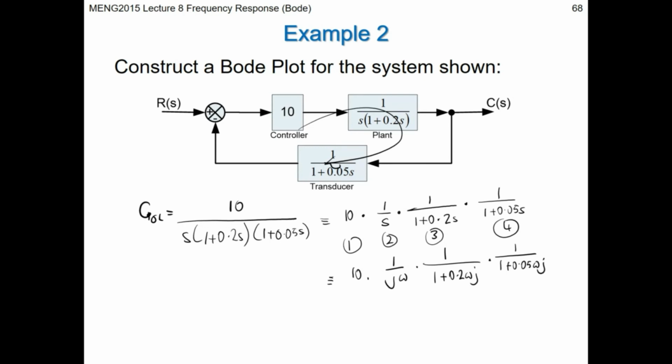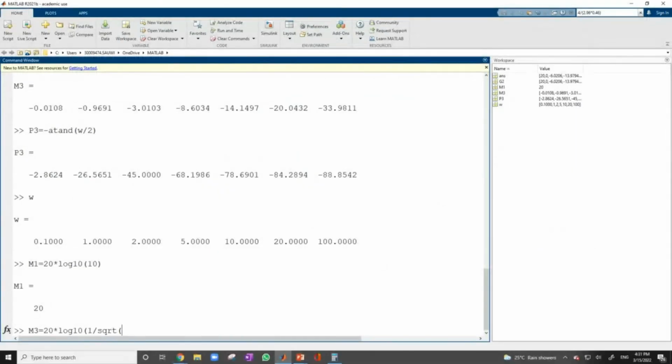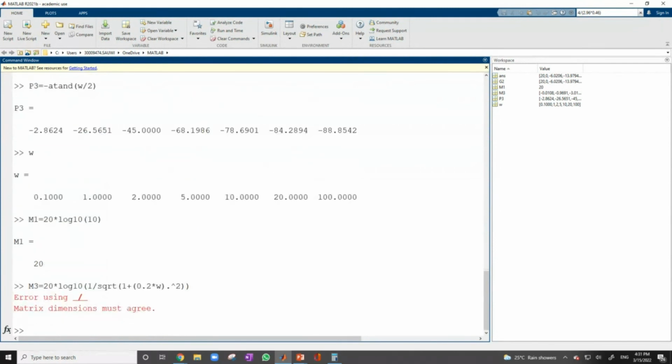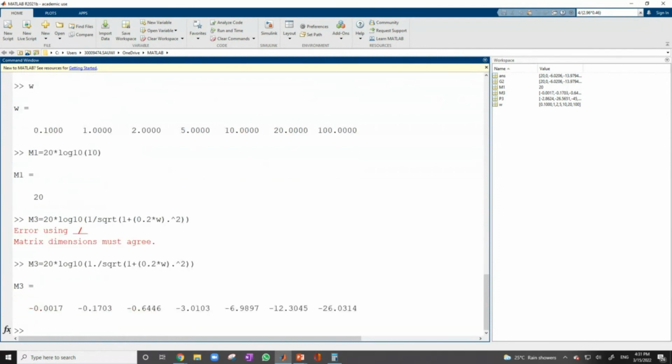Right, so for this M3 part in MATLAB, it's going to be the square root of 1 plus 0.2 times omega squared. I forgot to put my dots in front of the omega, right?